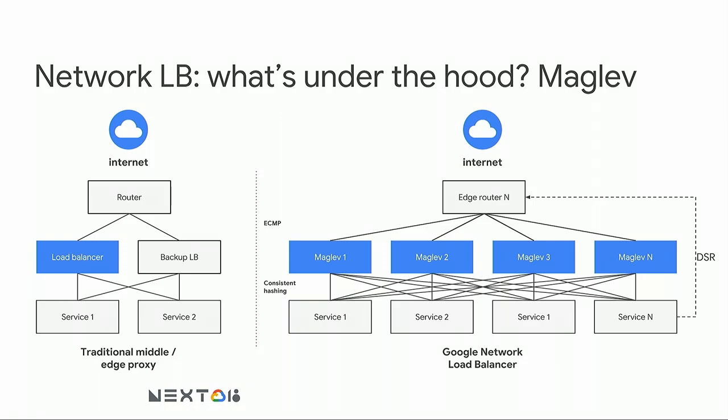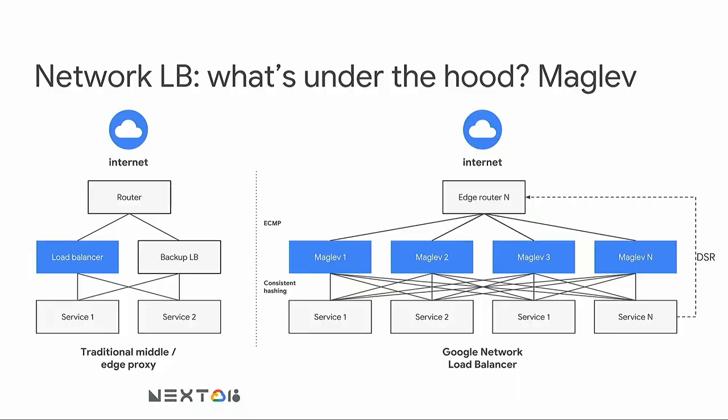The way this works is, in a traditional sense, a load balancer is primary or active for its VIP, right? In the Maglev architecture, we announce all VIPs to our edge routers via ECMP. So we'll distribute flows based on hashing, so equal cost routing, to our Maglevs. The Maglevs will then use consistent hashing.